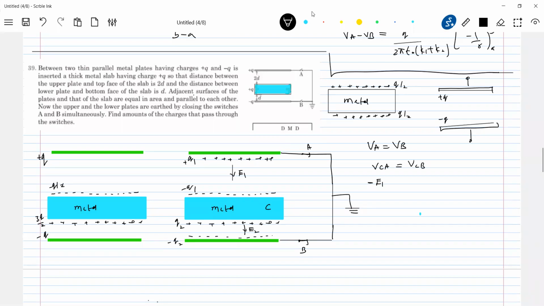It is okay, fine. 2D and this is D. So write and solve it. VCA is equal to how much it should be? Electrostatic induction will occur.